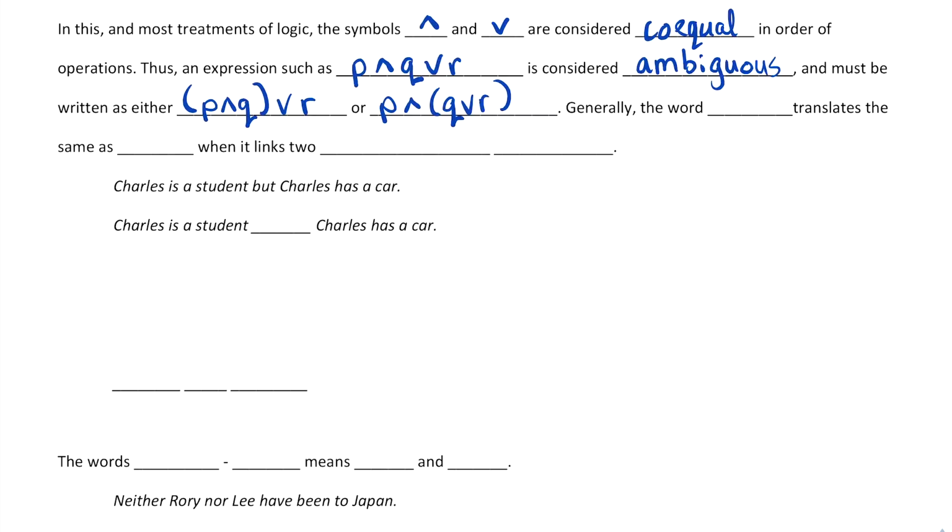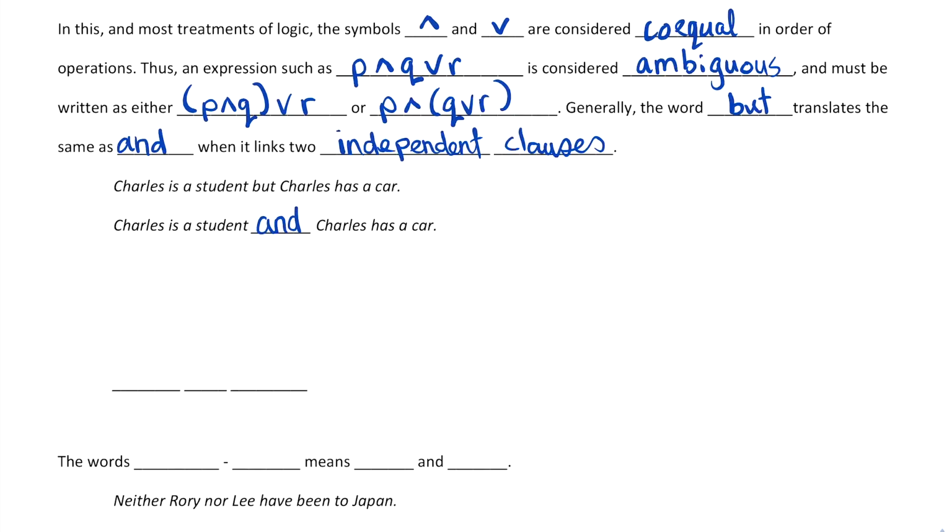Generally, the word but in English translates the same as and when it links two independent clauses. So let's check it out. Charles is a student, but Charles has a car. Would you agree that those are independent statements? One statement does not depend on the other. And so we can read that as Charles is a student and Charles has a car, right?